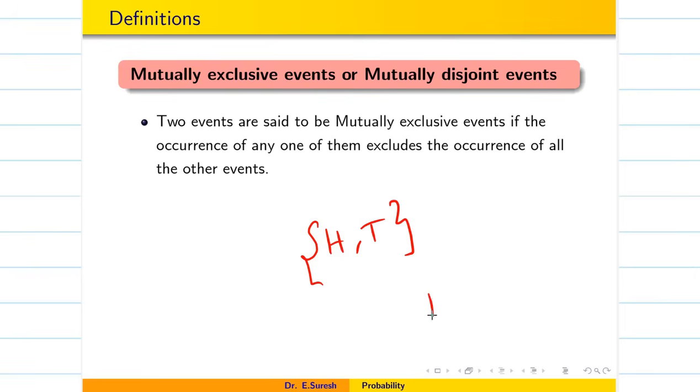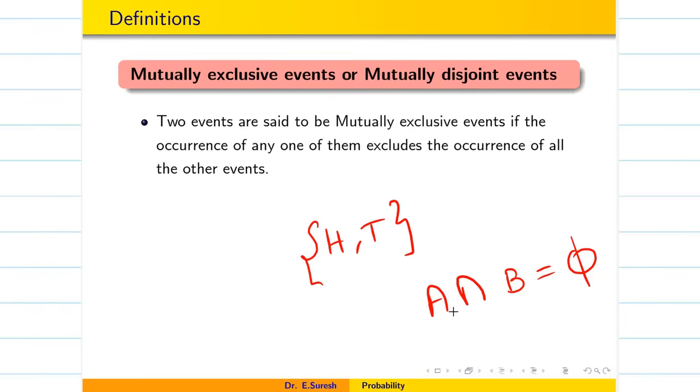So that means if I have an event A and an event B, and I say they are mutually exclusive, how can I represent that in terms of mathematics? There is no common element between A and B, so their intersection is null. Do you remember, guys? Disjoint sets, overlapping sets.